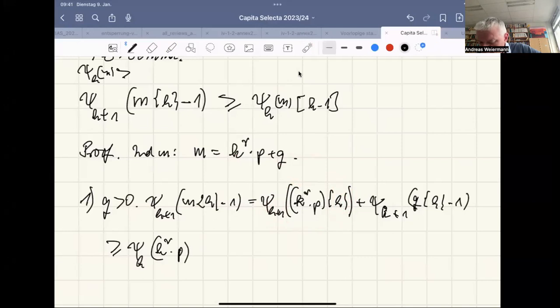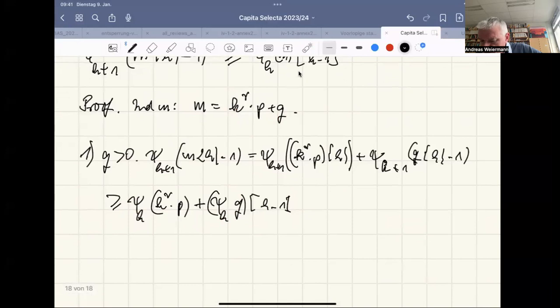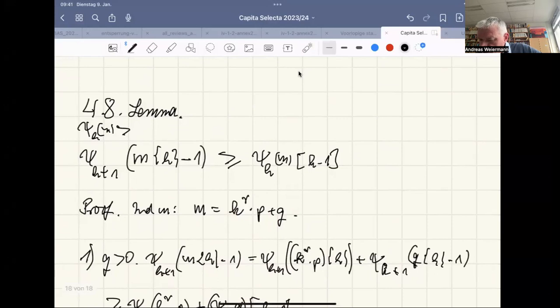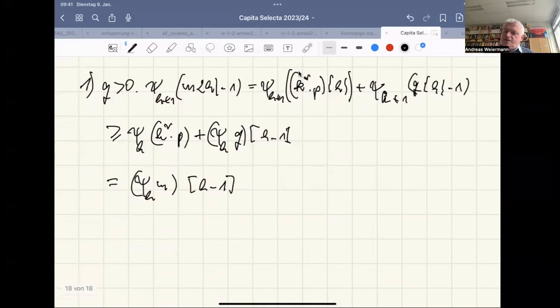And here we have psi_k of q at argument k minus 1 by induction hypothesis. Now, since this here is an ordinary Cantor form, the definition of fundamental sequences says this is the same as psi_k of m, where I applied number k minus 1. And we assume in the lemma that k is at least as big as 2. Maybe at least as big as 1 is sufficient, but anyway, it doesn't matter.